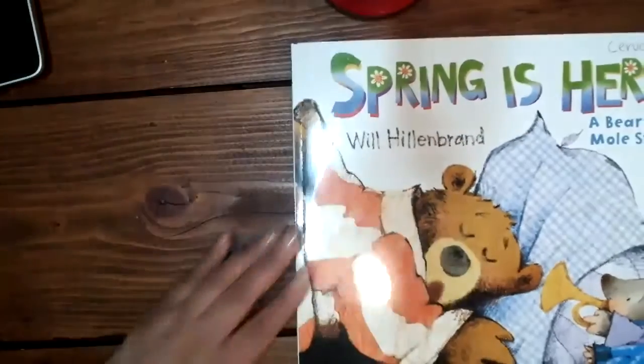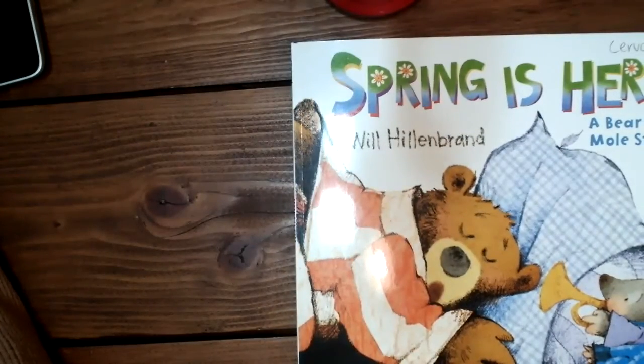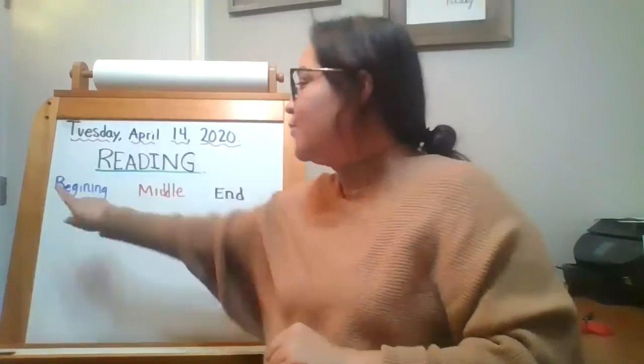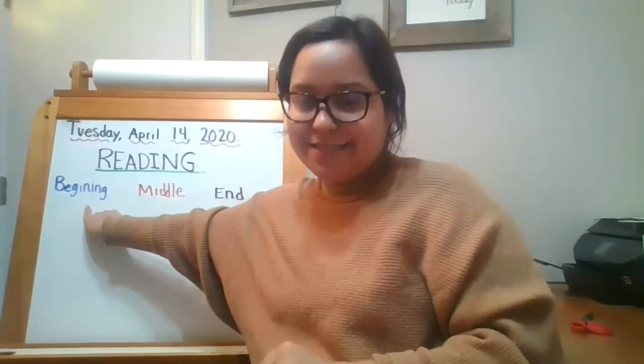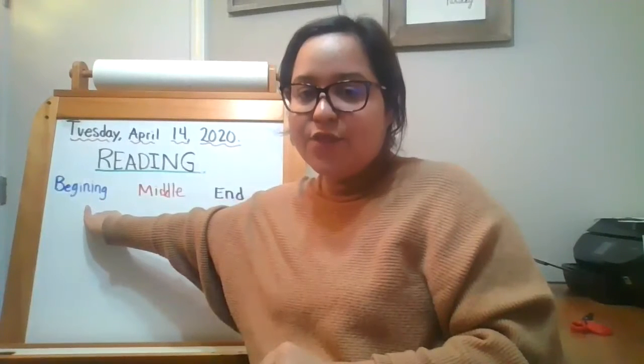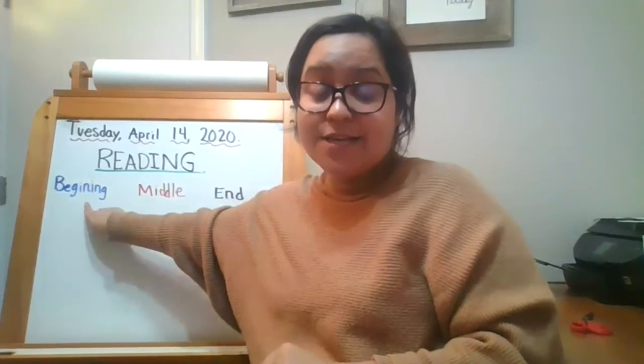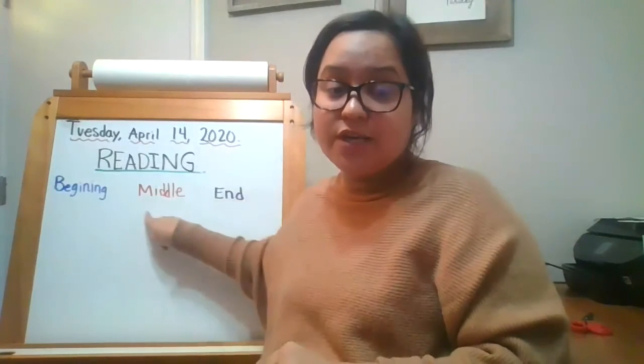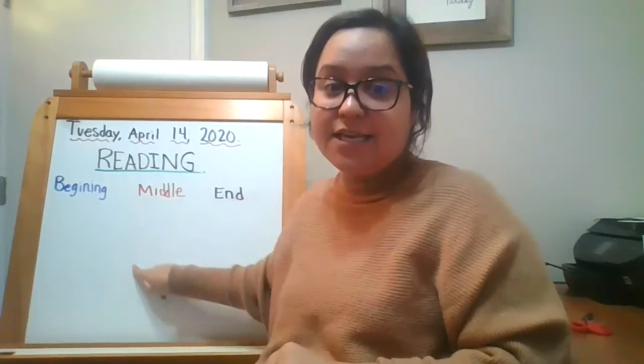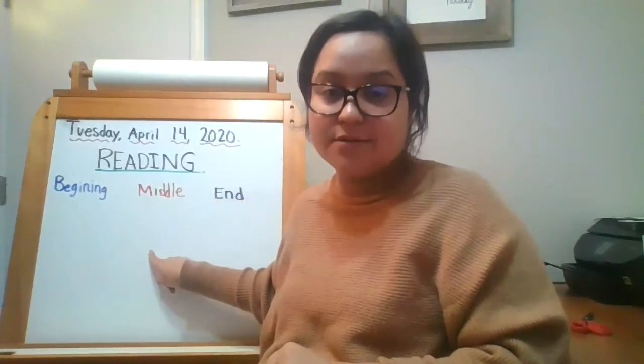So at the beginning of the story, the bear was the one that was asleep. And the mole woke up and he discovered that spring was here. So throughout the middle of the story, he does a lot of things to wake up the bear.